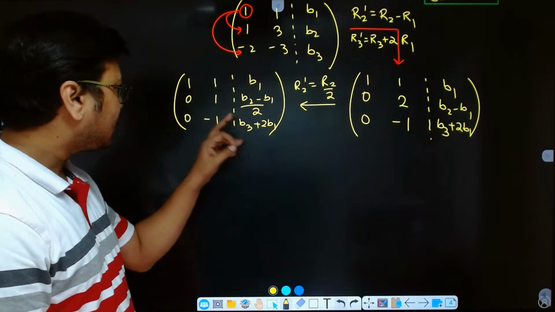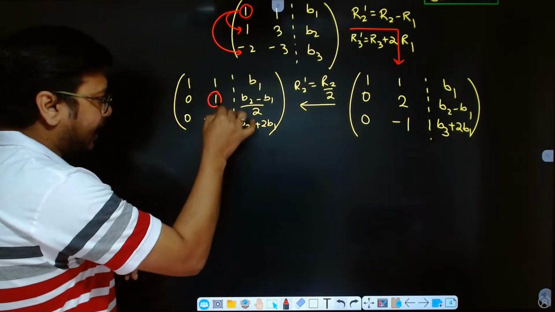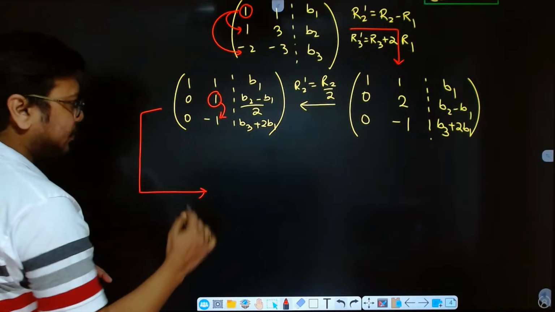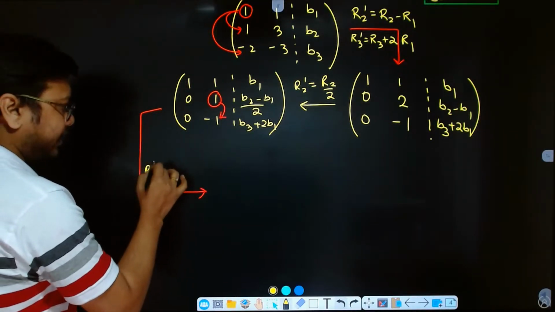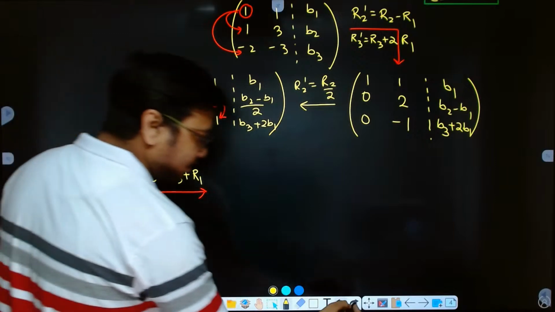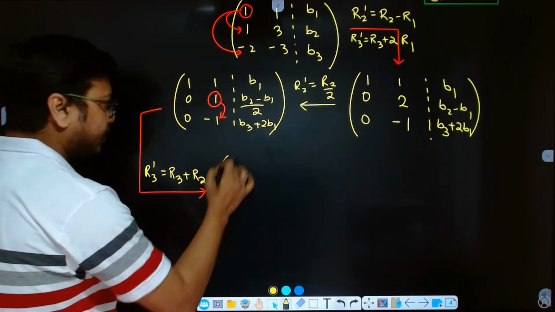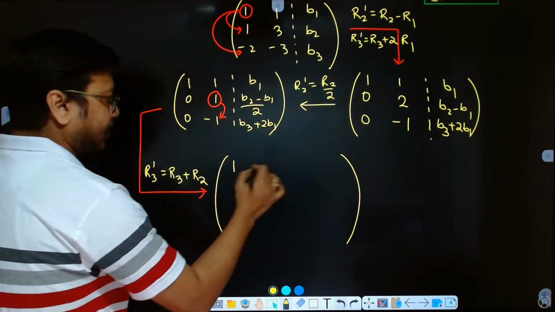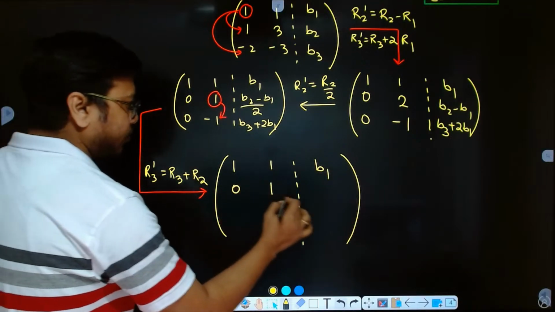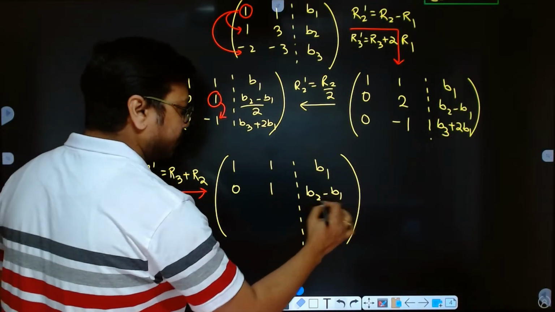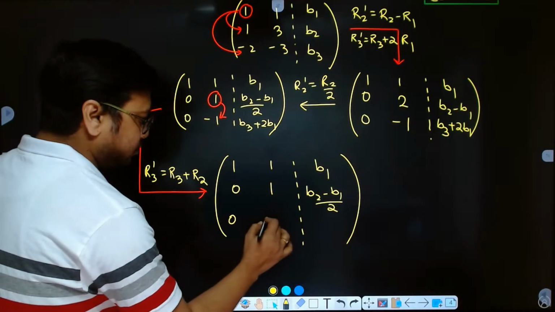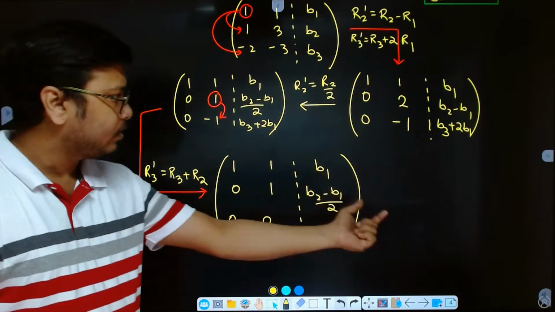Now with the help of this one, I want to make this position 0. So I will do the row operation R3' equals R3 plus R2. If I do this: 1, 1, B1, 0, 1, B2 minus B1 by 2, and if I add up these two rows, it's 0, 0. I'll do this calculation on the side.